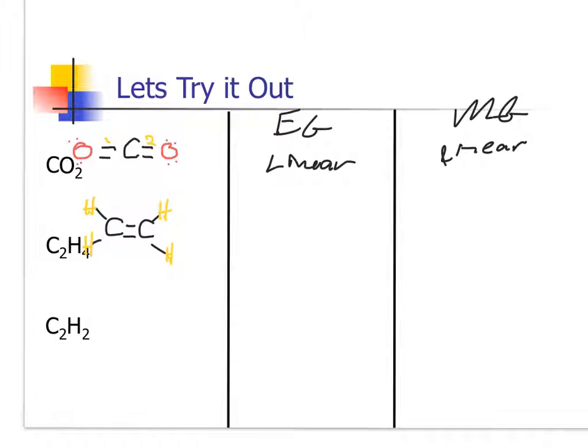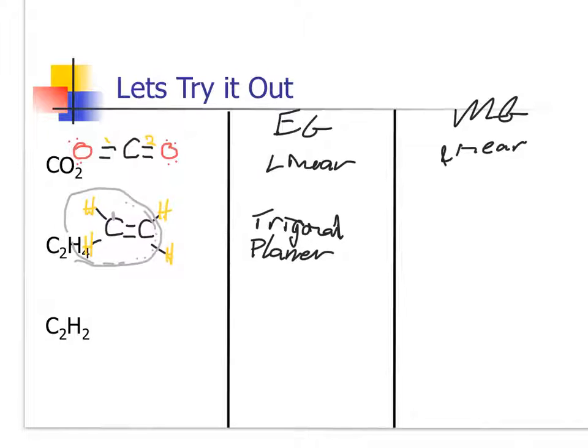That means these other hydrogens, not that they're not important, but I'm only going to identify that region that I have circled in gray there. So this is the carbon I'm looking at. And so I will have three regions. One of them happens to be a double bond. No big deal, but I just have three regions. That means it's a trigonal planar.